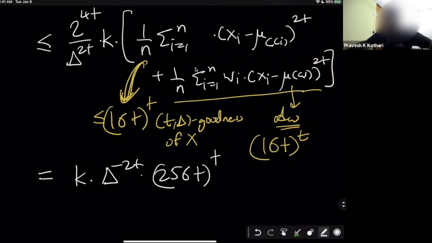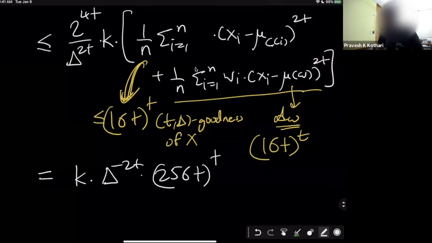Okay. So now, given that we have a proof of soundness, I want to tell you about how this implies an algorithm. Okay. So let's do that.